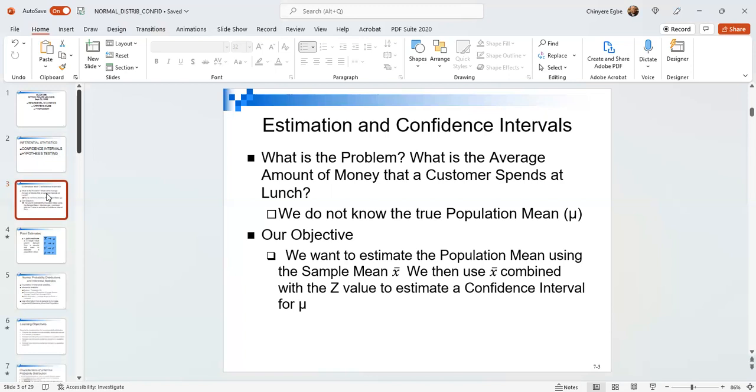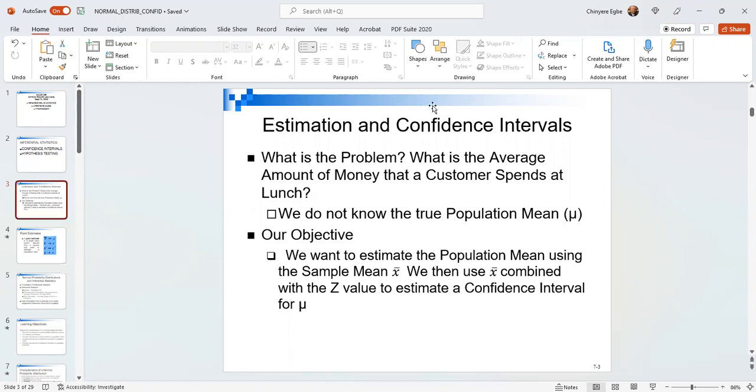What we're actually trying to do is get an idea of the true population average, and we'll call it the true population mean, and the true population mean is mu. So that is the problem that we want to solve: what is the true population mean?